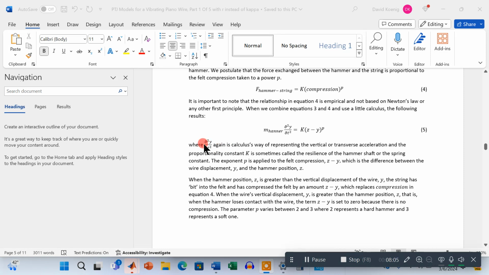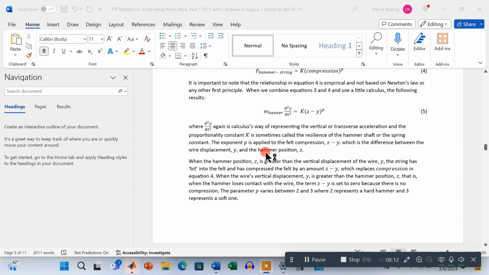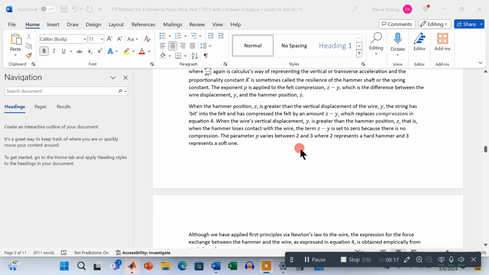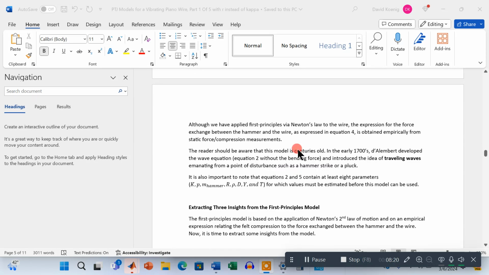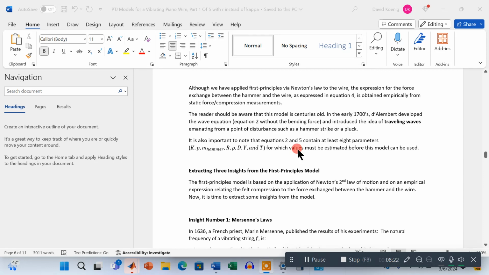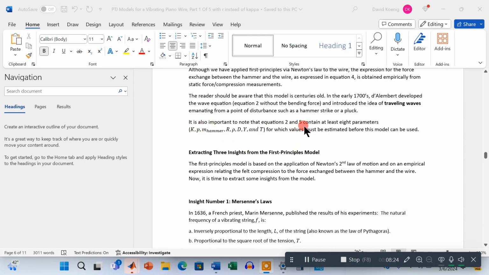And again, this second partial derivative with respect to time is the acceleration. And then there's the parameter p, and then there's compression z minus y. And here's the list of the parameters.